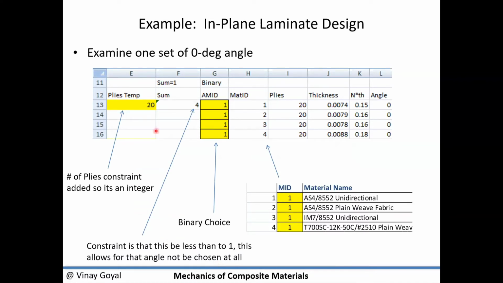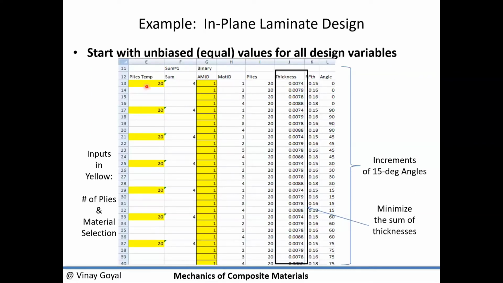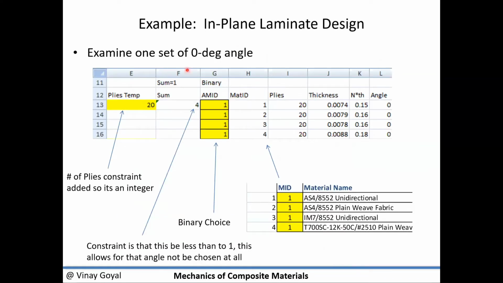Note that if we examine just one area of this Excel sheet, since it's huge, the 0-degree part, we'll focus on that. This one here represents the number of plies, and we made it an integer as a constraint also, so I don't get a half number of plies.